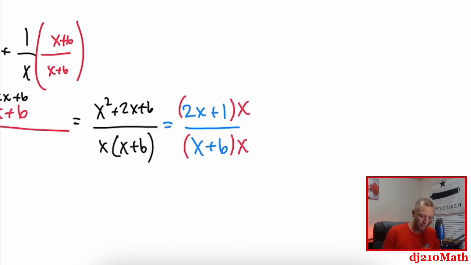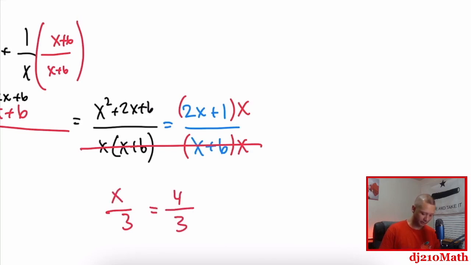And now, because this is true, like we're saying that these are equal to each other, I don't care about the denominator because the denominators match, right? Like if you think about it, something over 3 is equal to something over 3, but 4 is over here.